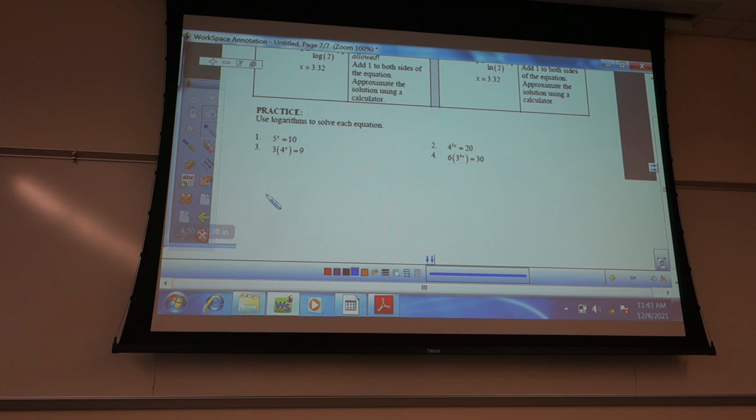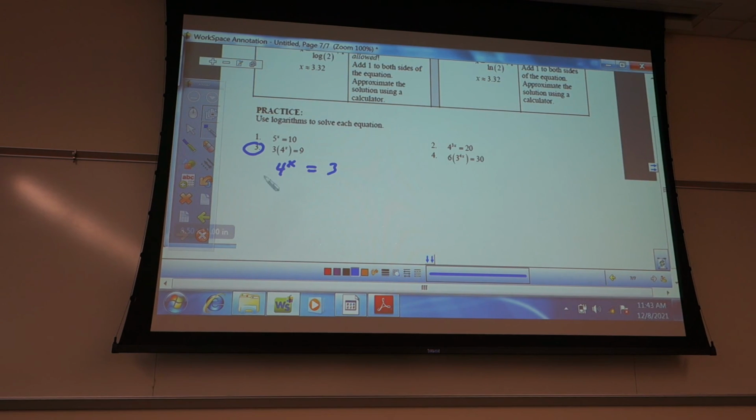I'll tell you what, I'll do number 3, and I'll let you folks do number 1, number 2, and number 4 on your own. How's it sound? Good. So number 3, first I need to get the exponent by itself. Does everyone see that it's being multiplied by 3? So I'm going to divide both sides by 3, and I'll get 4 to the x equals 3.